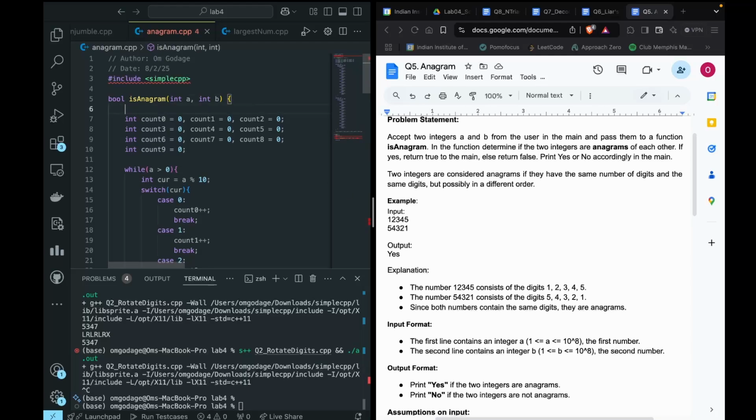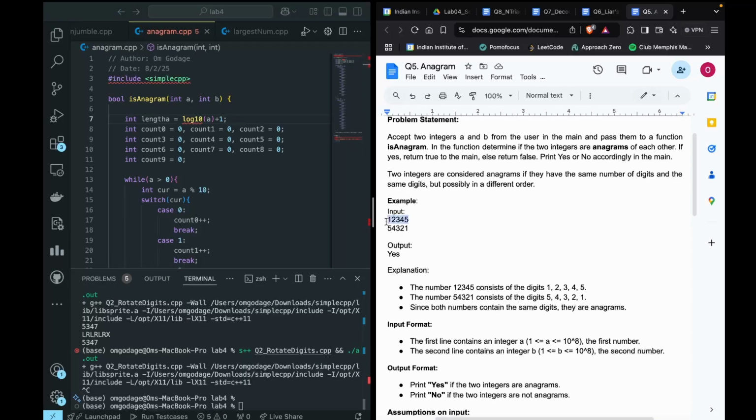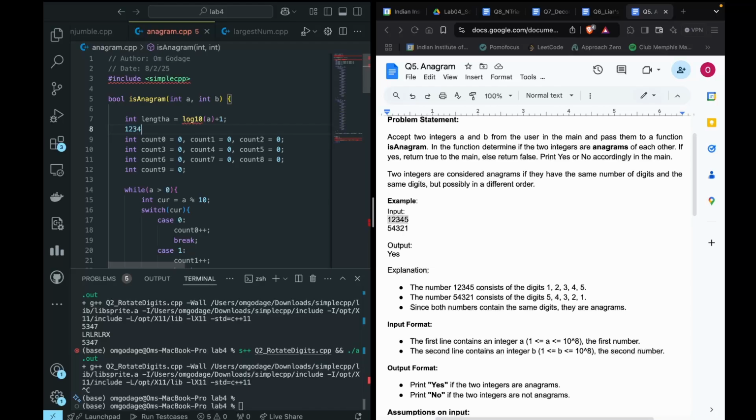To find the length, you could directly do this. Length of a will simply be log 10 of a plus 1. This will give you 5. So for this number, it will give you 5. The reason it gives you 5 is because 1, 2, 3, 4, 5.